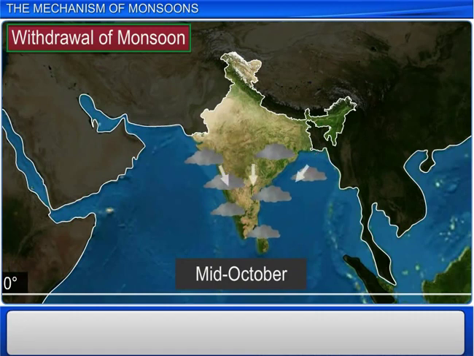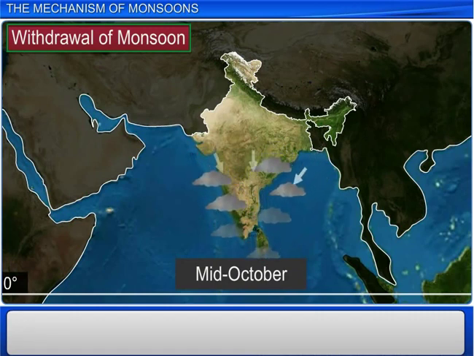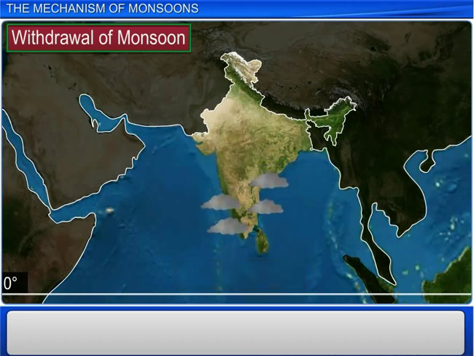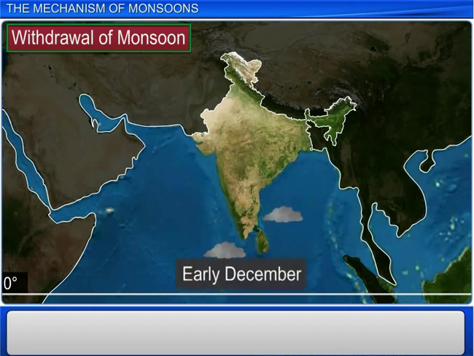By mid-October, it withdraws completely from the northern half of the peninsula. The withdrawal from the southern half of the peninsula is fairly rapid. By early December, the monsoon has withdrawn from the rest of the country.